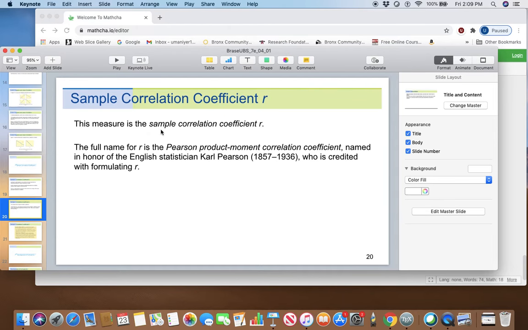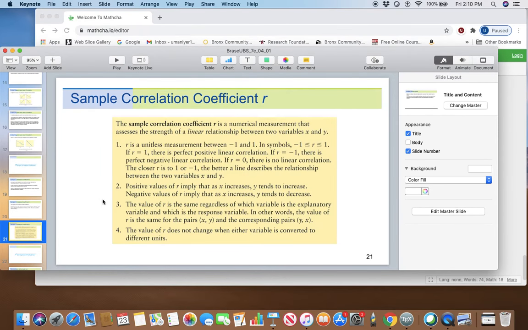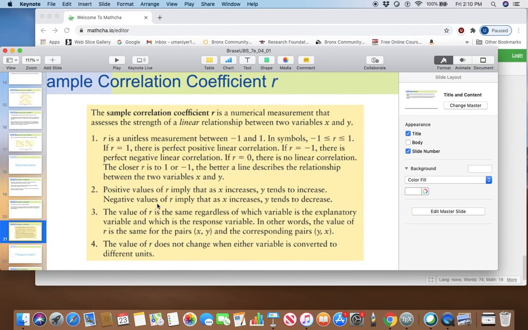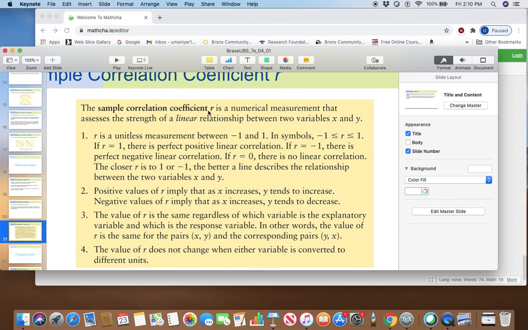Now this measure is called sample correlation coefficient R. The full name for R is the Pearson product moment correlation coefficient, named in honor of the English statistician Karl Pearson, 1857 to 1936, who is credited with formulating R. So here is how you want to understand R. The sample correlation coefficient R is a numerical measurement.